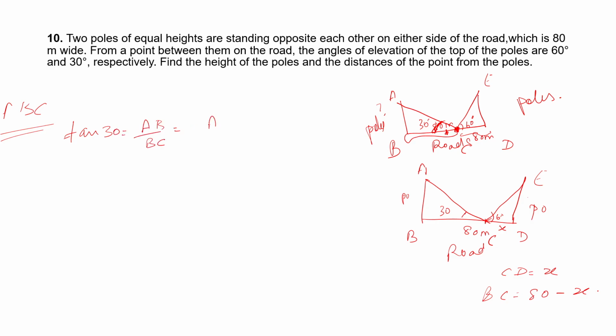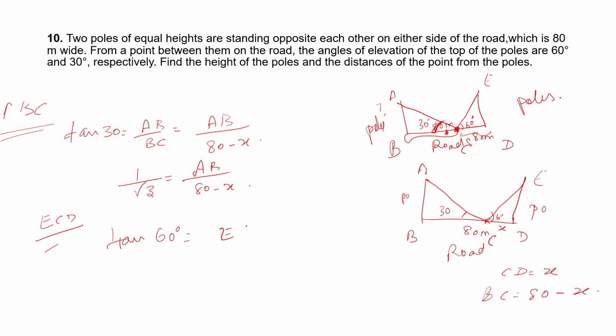AB we don't know, BC we have kept as 80 minus X. What is tan 30? 1 by root 3 is equal to AB by 80 minus X. Okay, now take the other triangle ECD. Here tan 60 is equal to ED by CD.